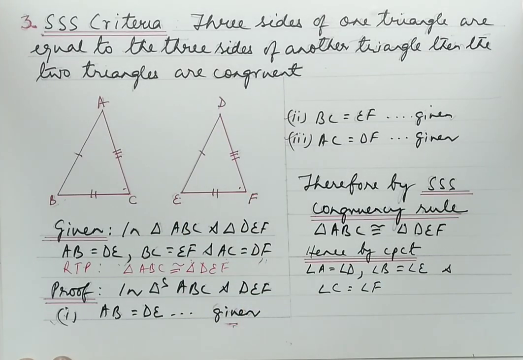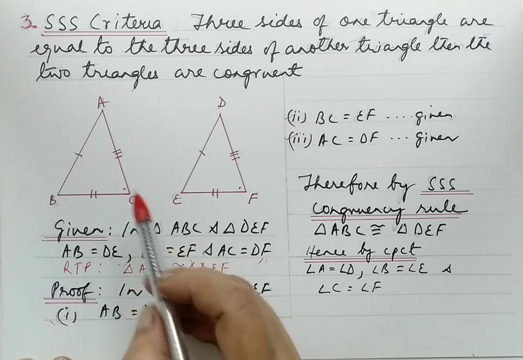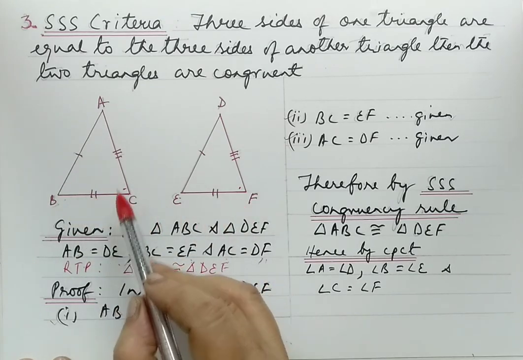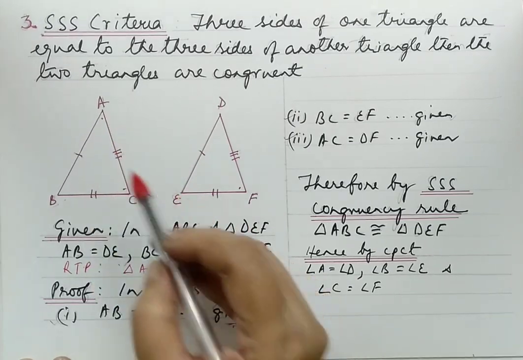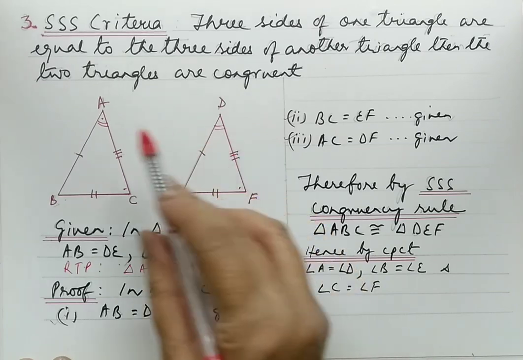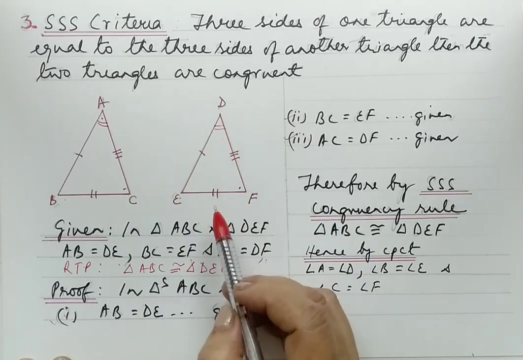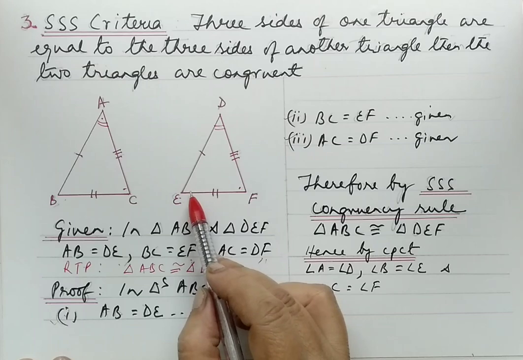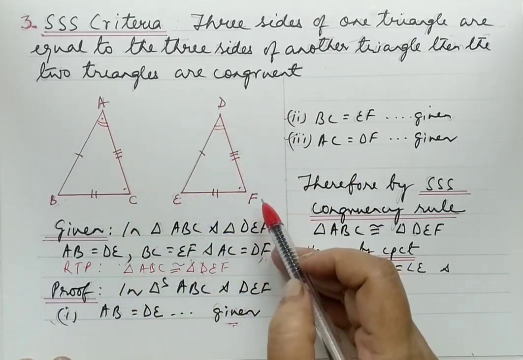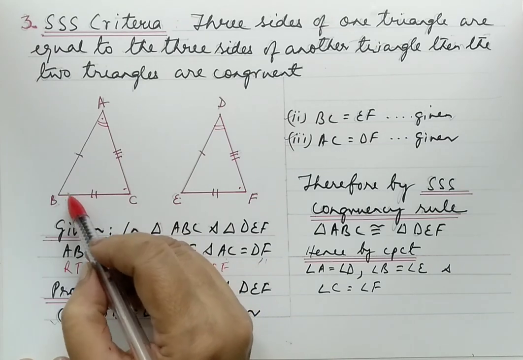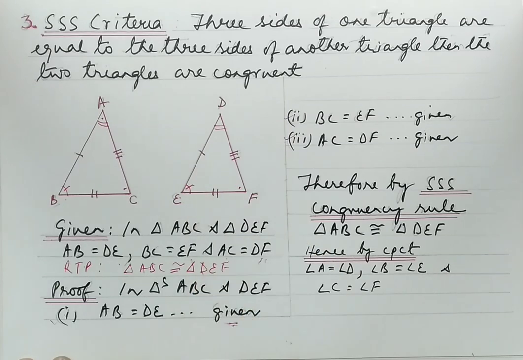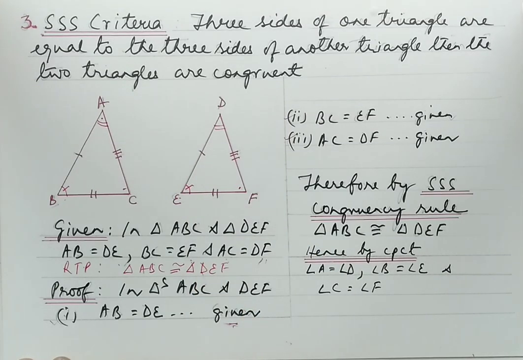Alright guys, and this is equal to this, so this side is looking at A, so we call these equal to each other, and obviously this remains. So because AC is equal to DF, we know that this angle is equal to this angle. Alright, as simple as that.